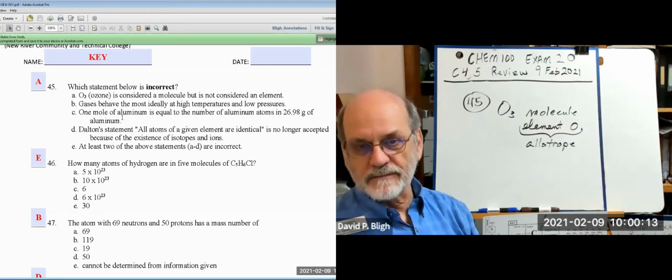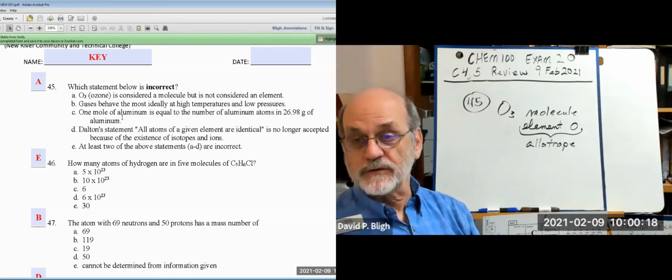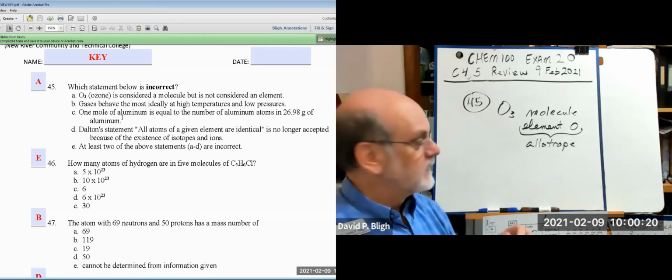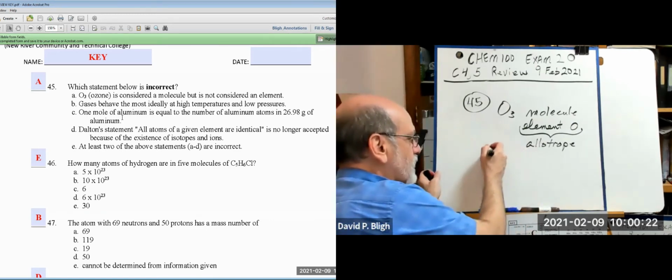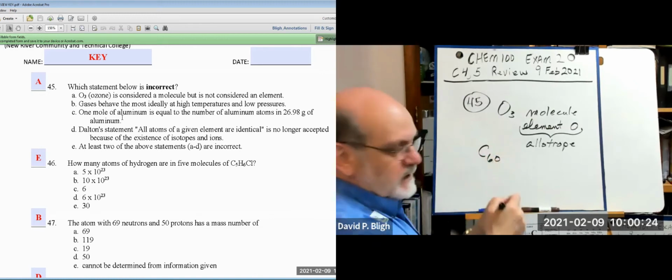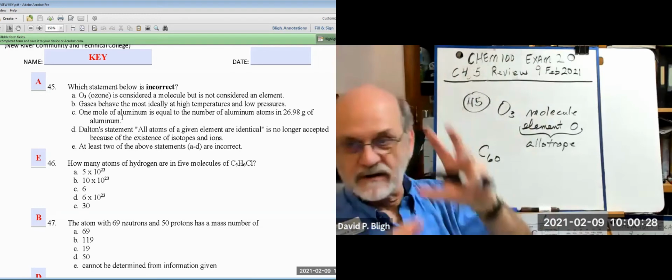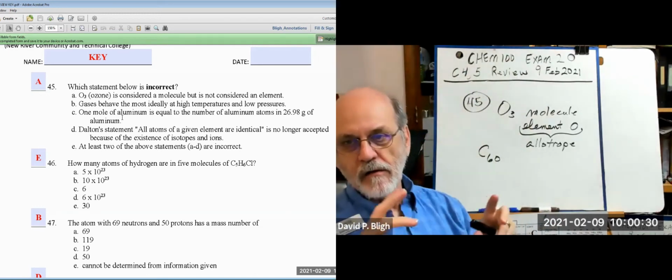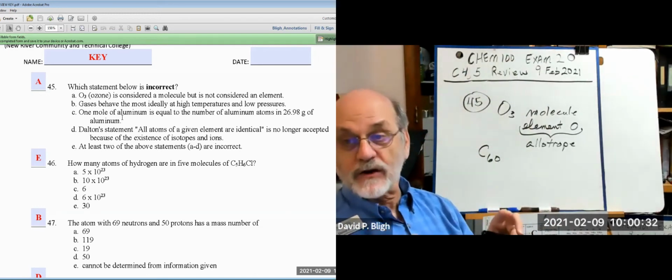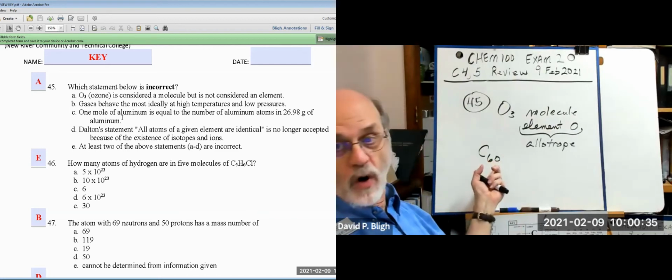You could have fullerenes. A Buckminster fullerene was one of the earlier ones. It's C60, 60 carbons in this spherical arrangement. They call them buckyballs. And nanotubes, which actually go on forever.